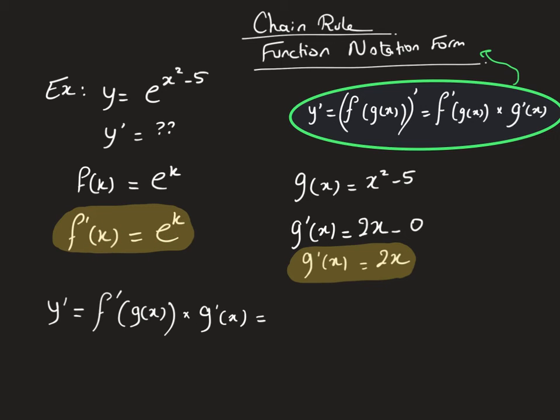Here the variable is k, so f prime is e power k. Here I have f prime of g of x. Here f prime of k is e power k, so f prime of g of x is e power g of x, times the derivative g prime of x equals 2x.